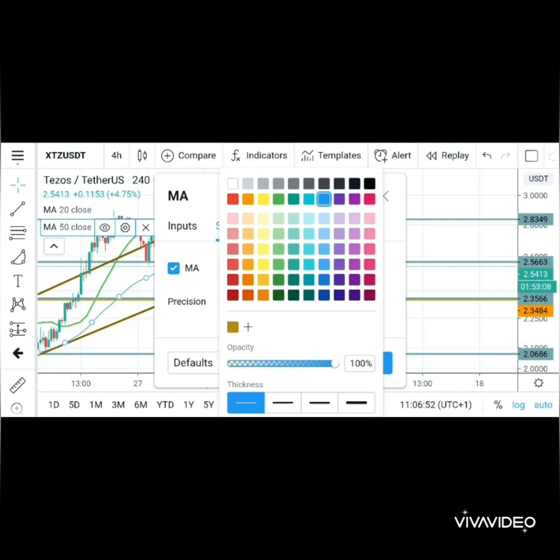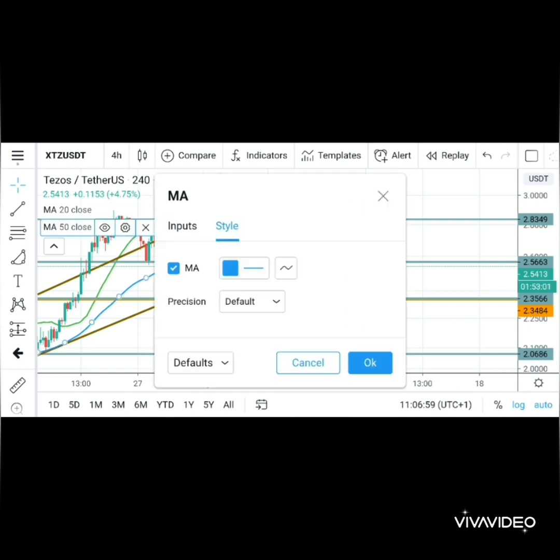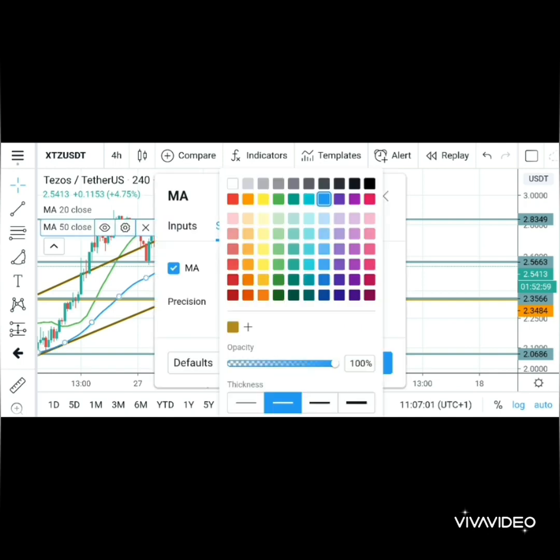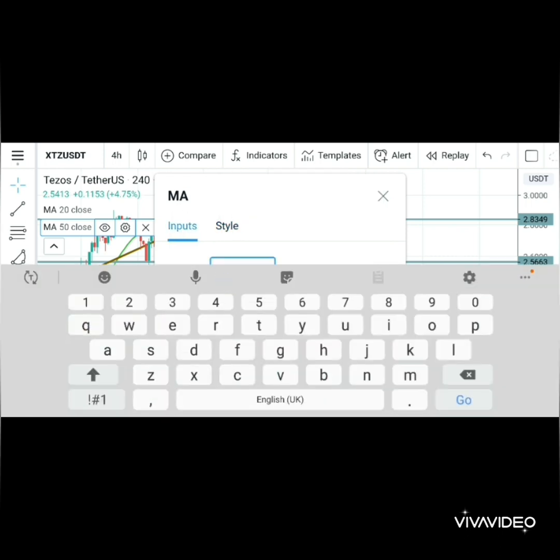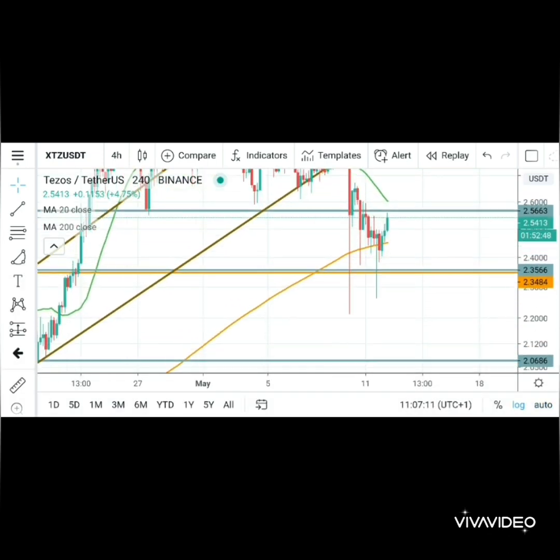Let me use blue color. So let's use a 200 period moving average.